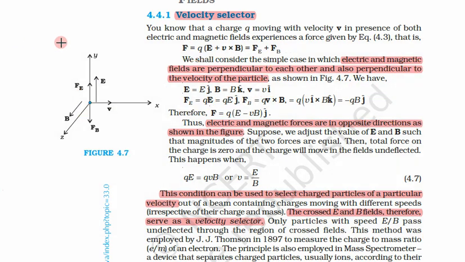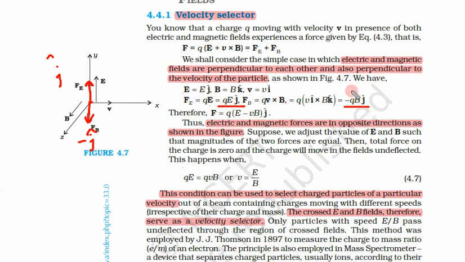So we have reached this point: electric field and electric force are in the positive j, or positive y direction, and this magnetic force is in the negative j direction. This is the magnetic force, this is the electric force.